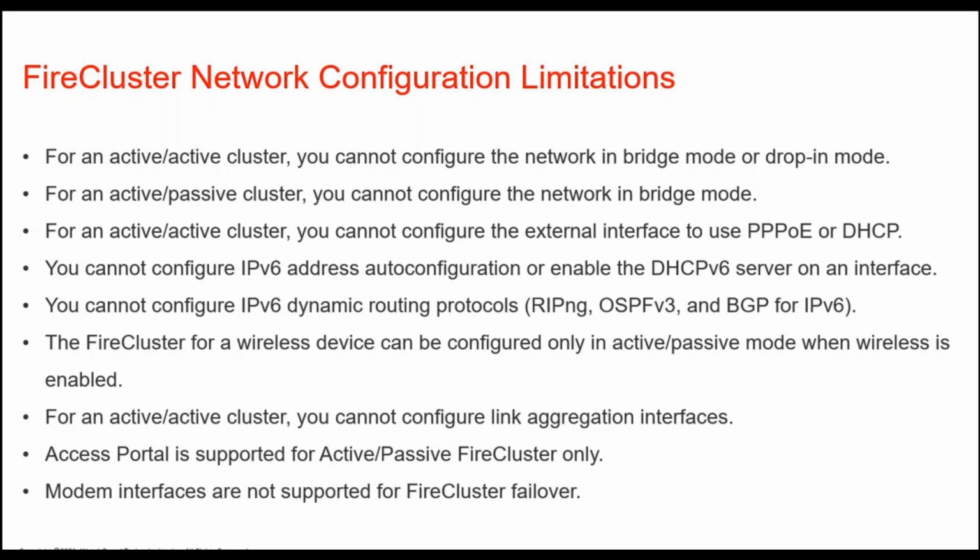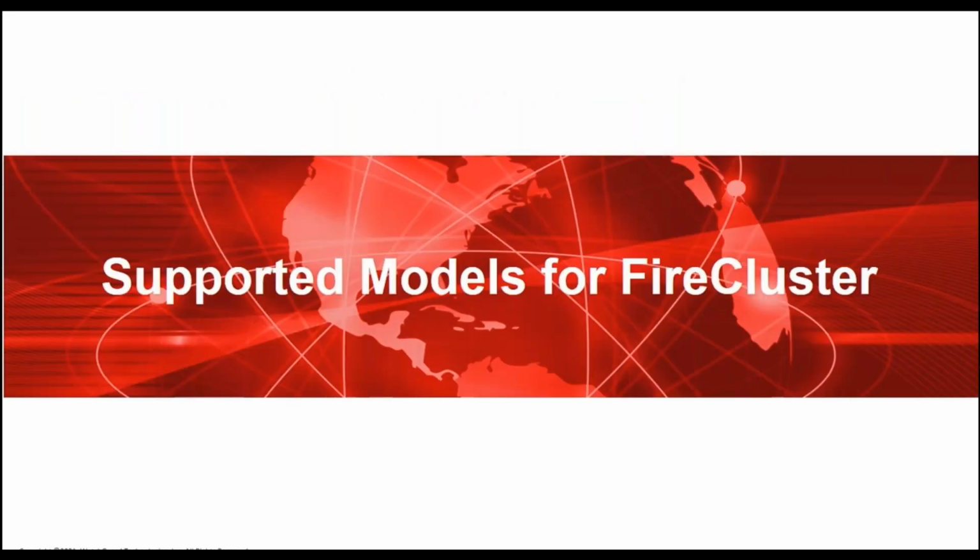Another thing to take into consideration, because whenever you do it in active, it's going to add more load on the firewall for the load balancing, so you lose some of the features. Access portal is supported for active passive only. It doesn't work with active. Also, modem interfaces are not supported for the FireCluster failover. So these are some of the points that are available.